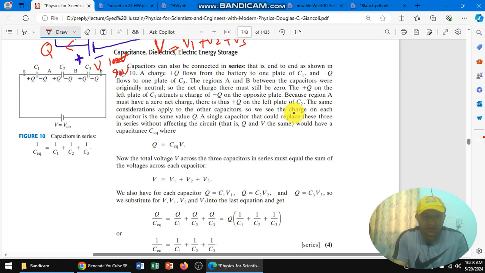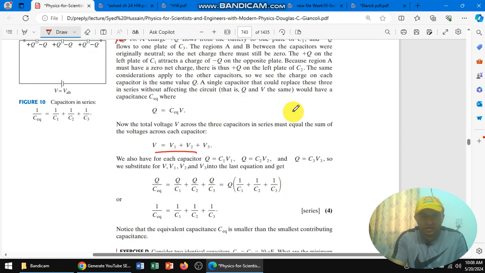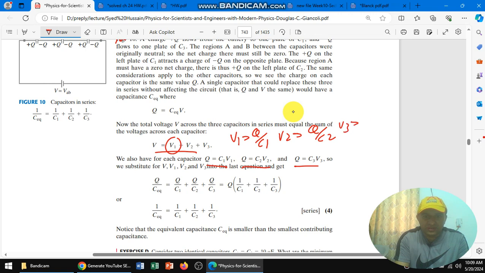Now we know Q1 is equal to C1V1, Q2 is equal to C2V2, and Q3 is equal to C3V3. So we find V1 is equal to Q over C1, V2 is equal to Q over C2, and V3 is equal to Q over C3.